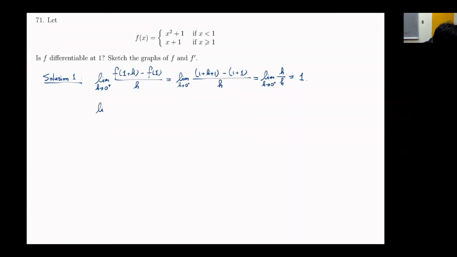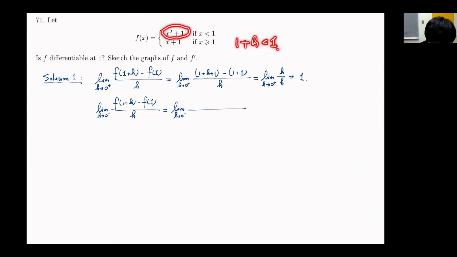On the other hand, if we look at the left-hand limit of the difference quotient, f of 1 will still be the same, so that will be 1 plus 1. But because now we are looking at the left-hand limit, 1 plus h is less than 1. So that means we need to use this formula for f of 1 plus h.